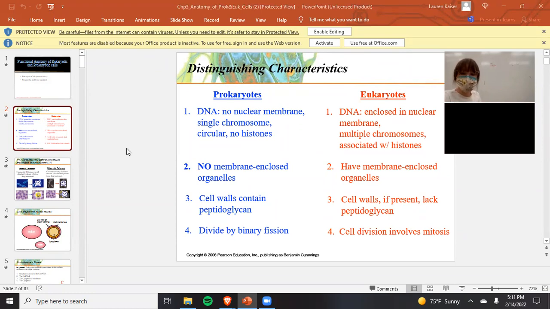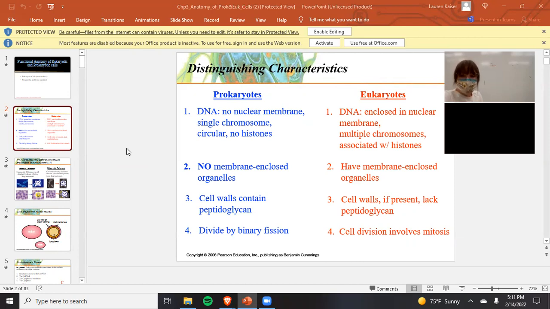We have lots of organelles, but we don't have peptidoglycan. But prokaryotes are a lot more plain. They don't have a nuclear membrane, they don't have a nucleus, and they don't have many organelles. The only organelles they really do have, I guess you could say, are ribosomes, if they're technically considered an organelle, but they're not membrane enclosed.